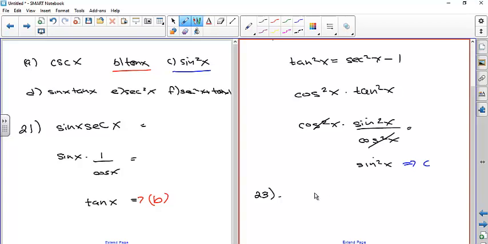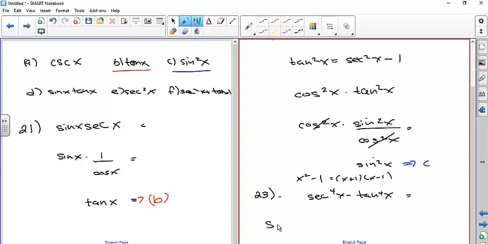Okay, next one is secant to the fourth minus tangent to the fourth x. So what is that equal to, and which one should I use? Well, this to me looks like something I can factor, and so it's kind of like x squared minus 1. That factors out as x plus 1 times x minus 1. Because this is negative, I can alternate it to make the inner and outer terms disappear.